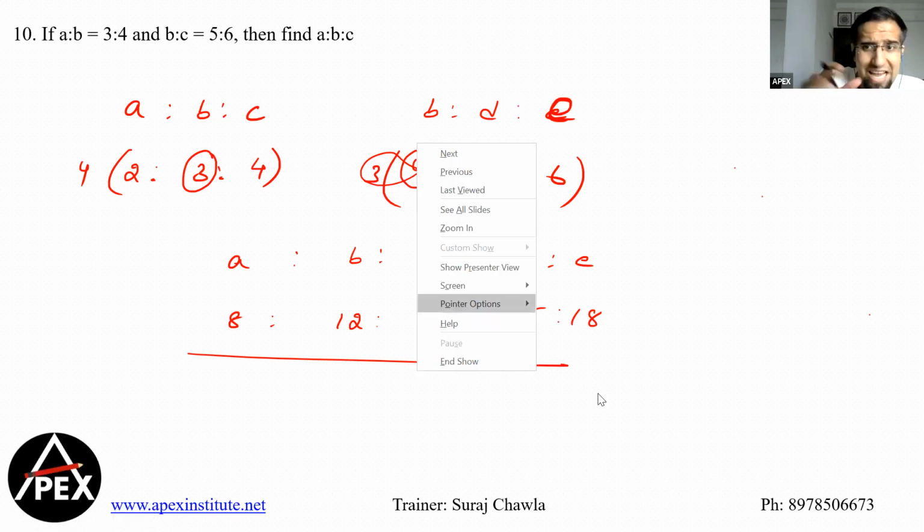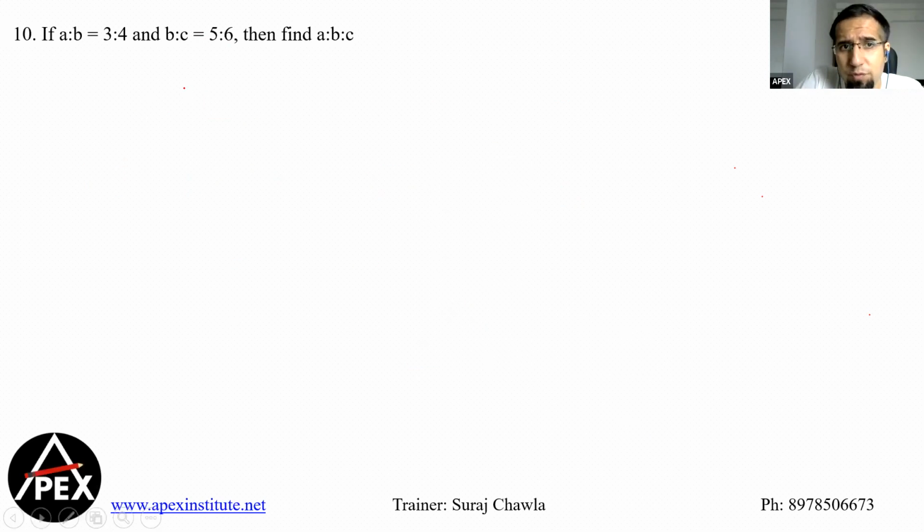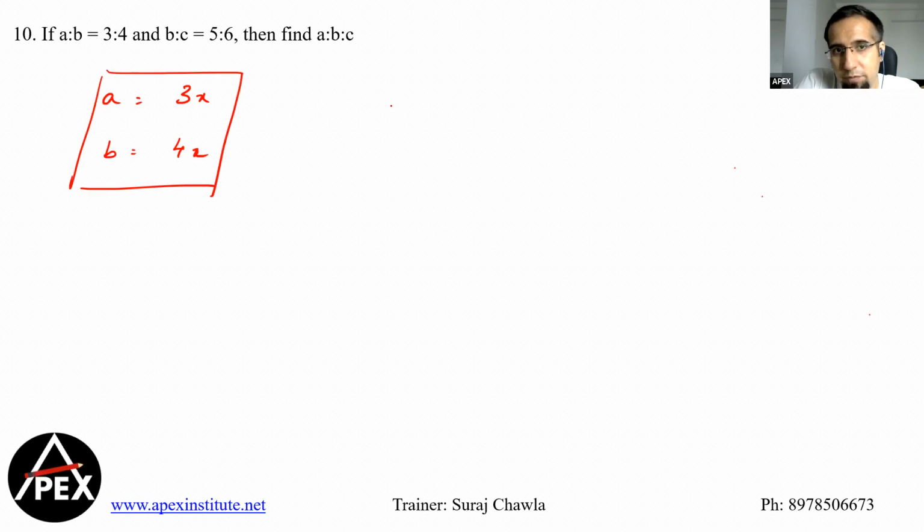Now, see, the ideal way to solve is, whenever you have two different ratios, your job is to take two different variables always. If this is 3 is to 4, that is 3x and 4x. Then this becomes 5y and this becomes 6y. Clear?